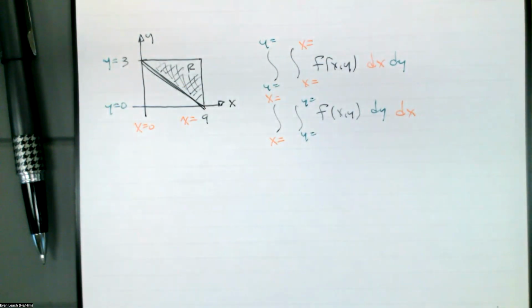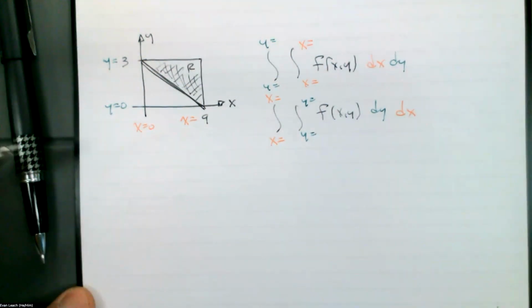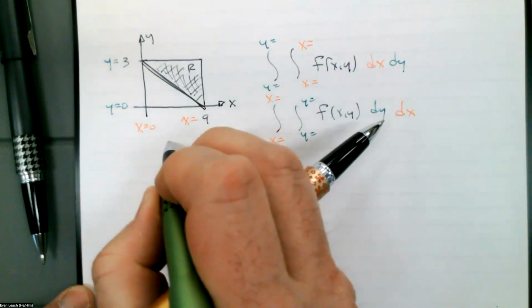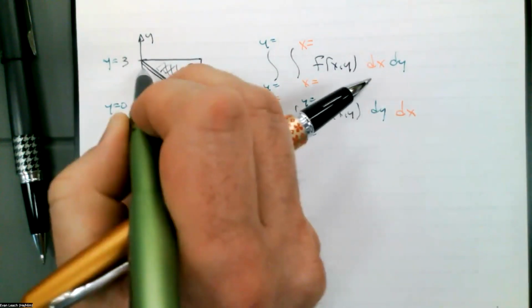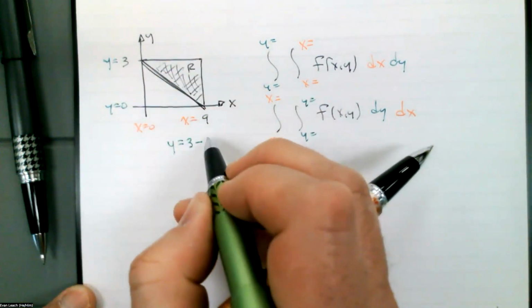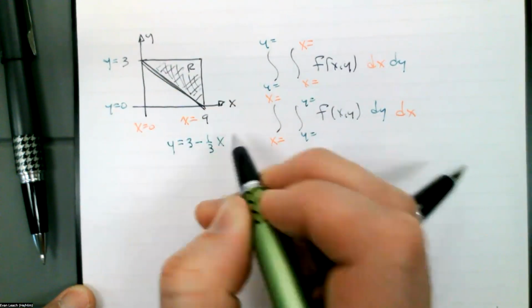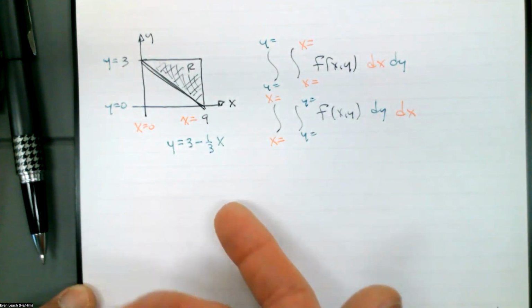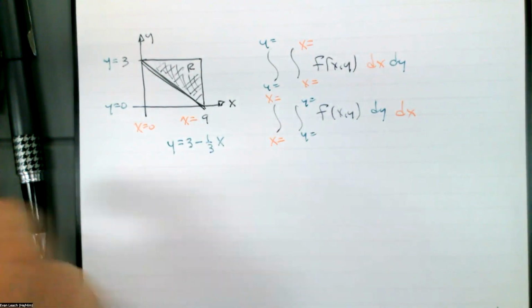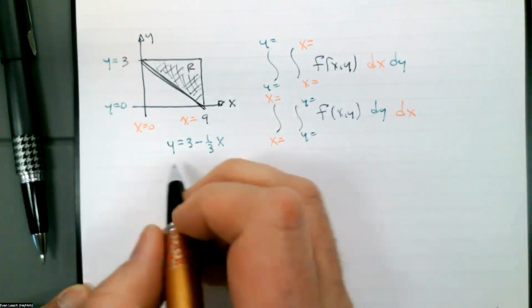In this case, we have a different line. Our line, in terms of y, is y equal to 3 minus 1/3 x, since the slope is -1/3. So we could turn this around for our x line.